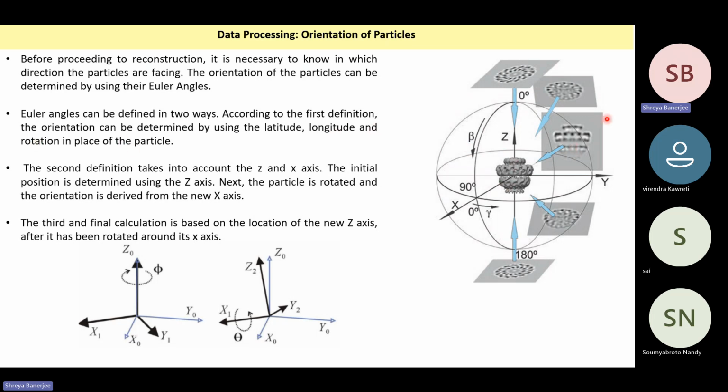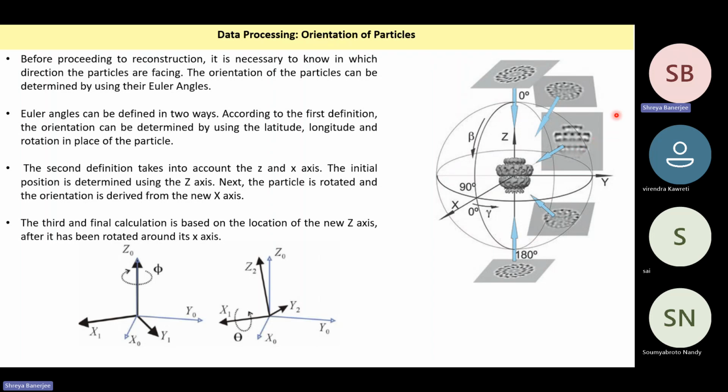So suppose I am looking at this particle, this projection. If you imagine it as a sphere, latitude and longitude will give you an idea about which region the 2D projection is coming from, and also the rotation of the particle. So if you look at the particle from the top, you will get an image like this.